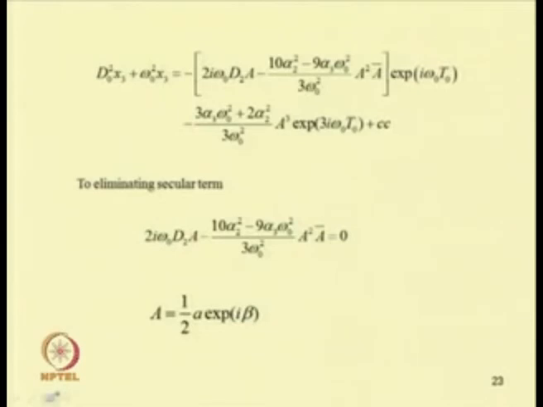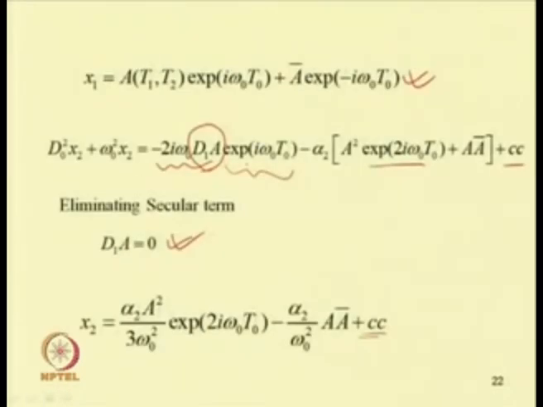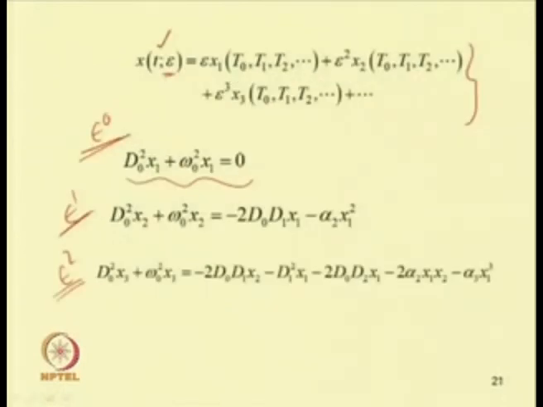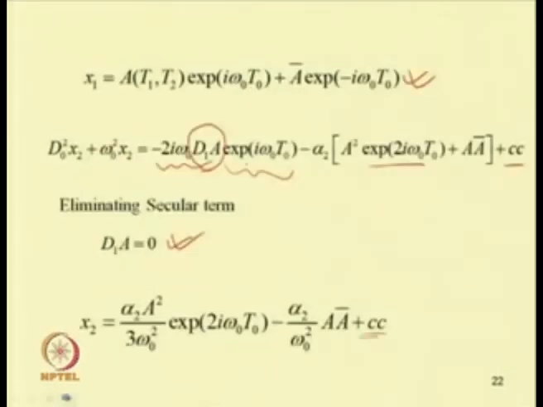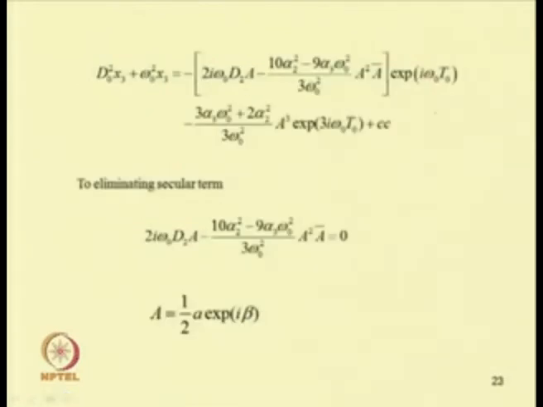From this, by substituting x 0, x 1 and x 2 in the epsilon square equation, we can write the equation in this form. In this case also, as it contains a term e to the power 2 i omega 0 t 0, this is a secular term.